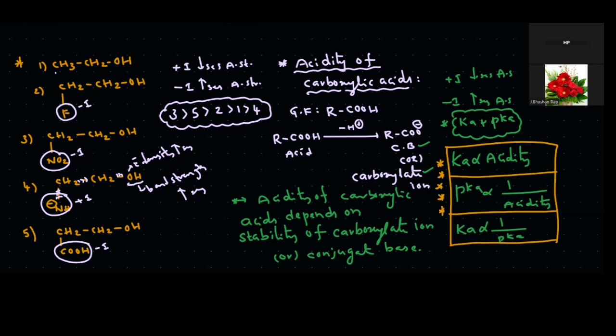Now the Ka condition, we will discuss very clearly in the chemical equilibrium chapter. Suppose a carboxylic acid reacts with water.